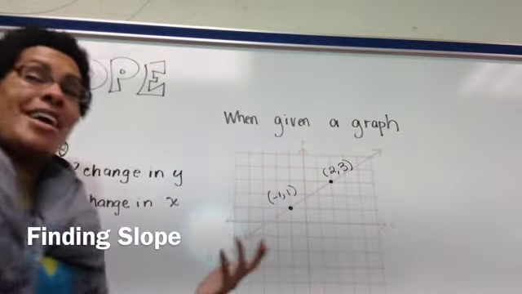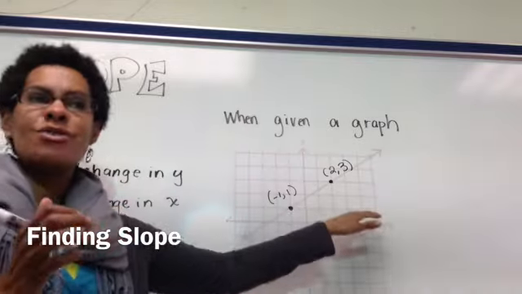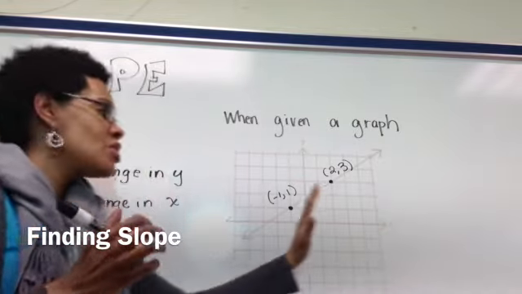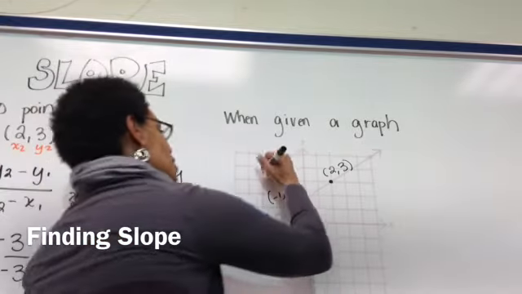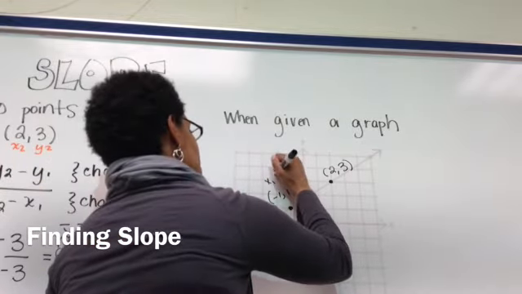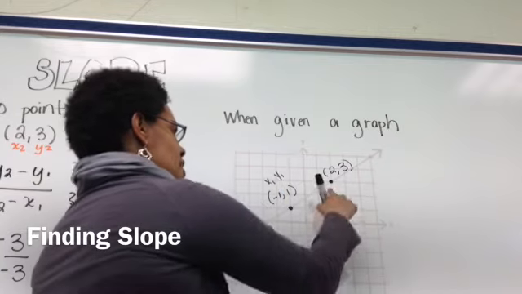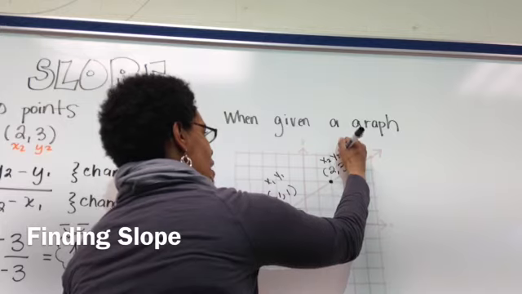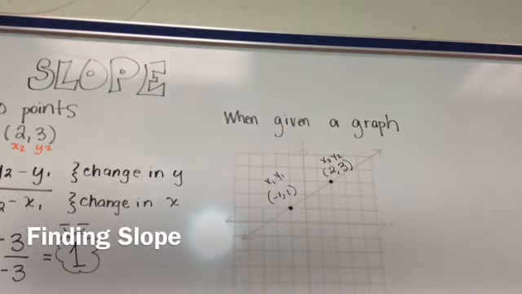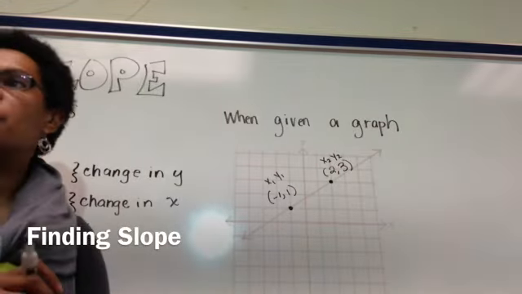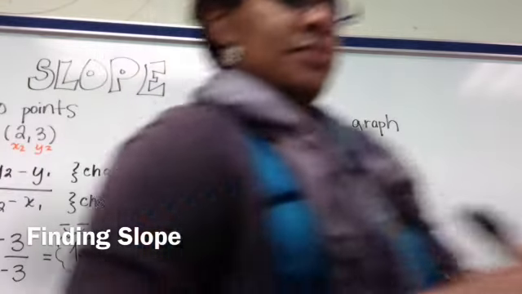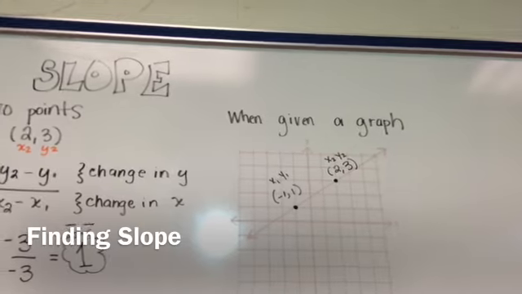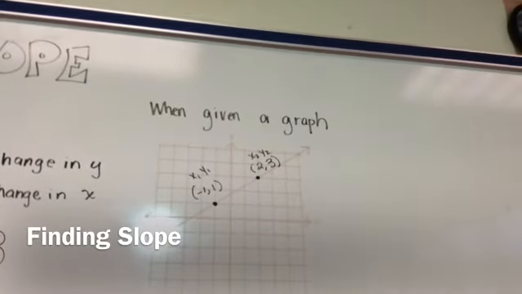And really it doesn't matter which one you make your first point and your second point, but I always like to read a graph from left to right. So this is going to be my first ordered pair, or my x1, y1. And this is going to be my second ordered pair, or my x2, y2. And then we're going to plug those into our formula. What I love about math is that it's consistent and we get to use the exact same formula.